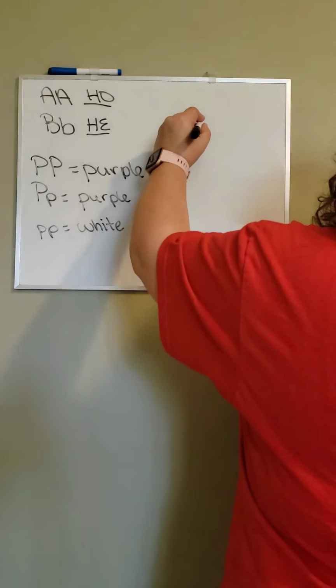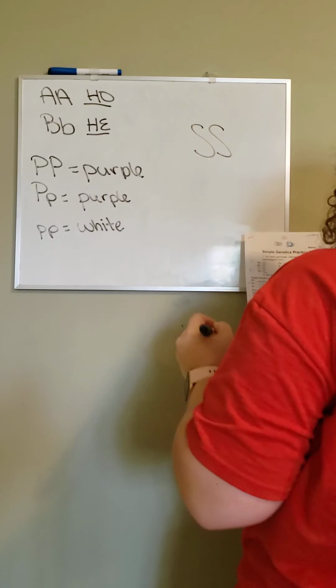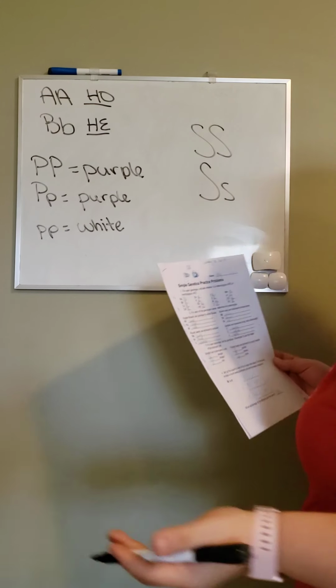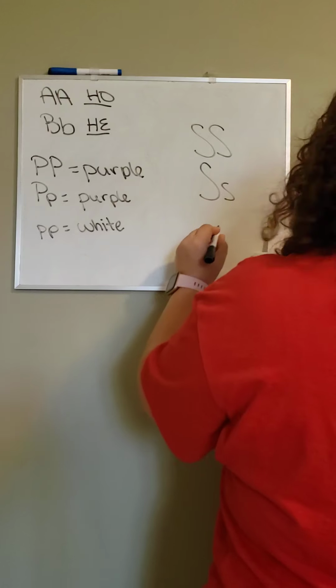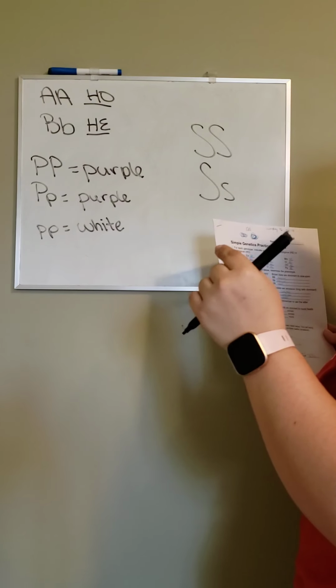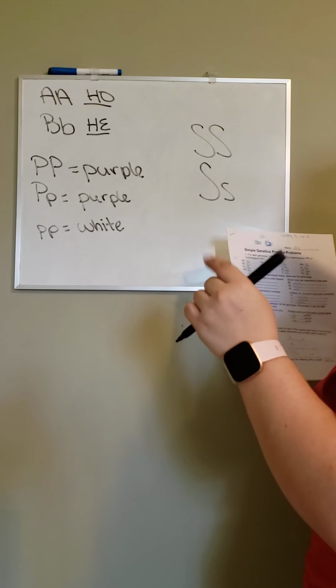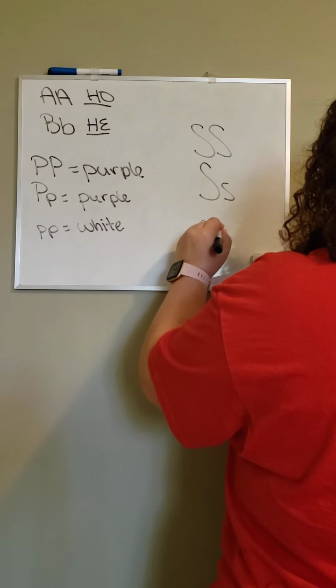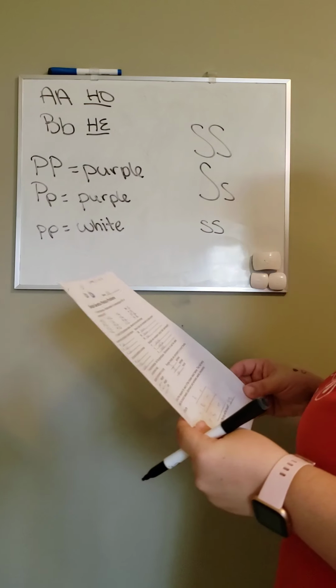So they could have big S, little s, which would be heterozygous, or 2 capital S's. And then curly has to be recessive, so you have to have 2 lowercase s's.